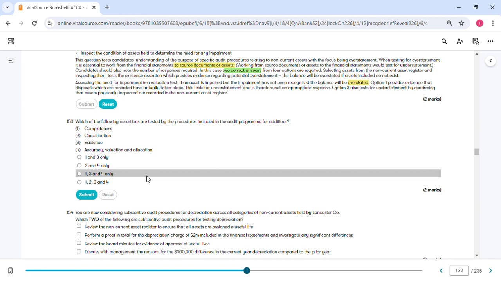Which one will we select? Anything which you are going to think, all purchases. All of them, sir.